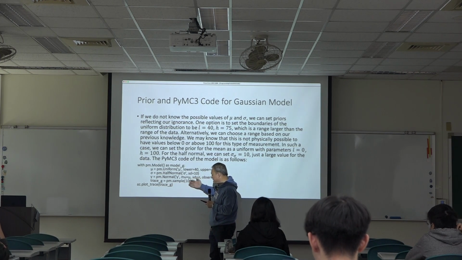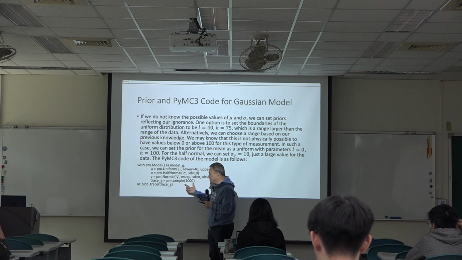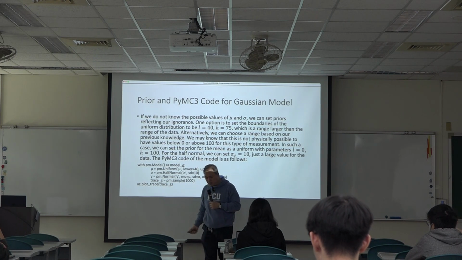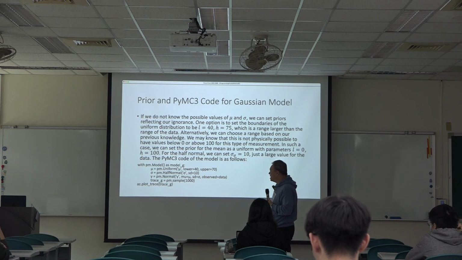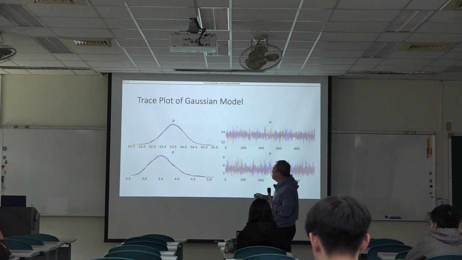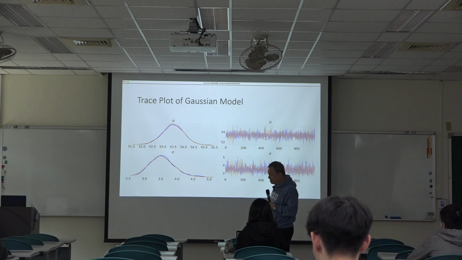Again, you draw 1,000 samples and put the result into trace G, and then you use plot trace to plot the result. When you plot this trace G result, you will find that it gives you two sets of figures.